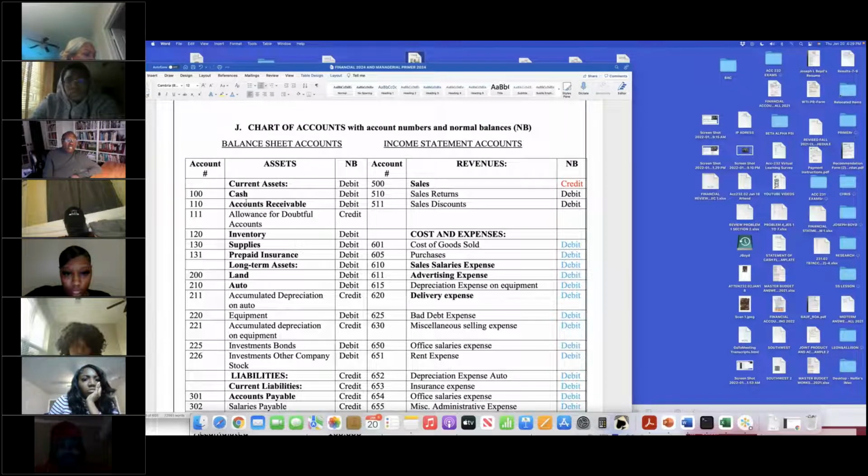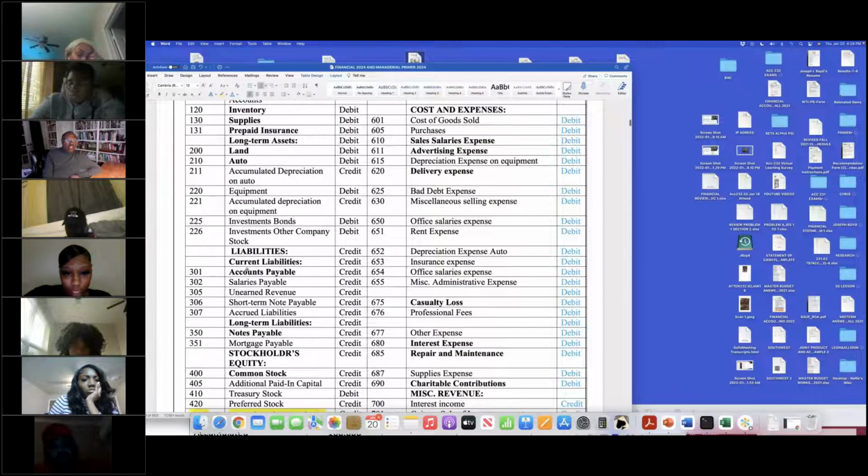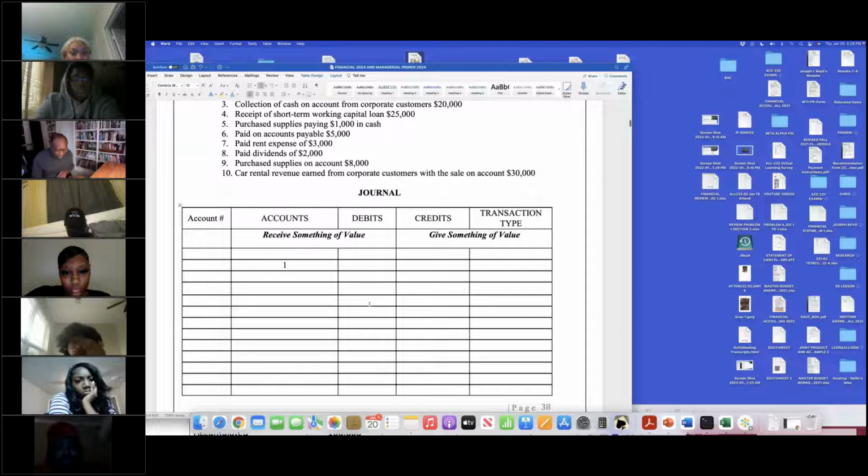And so now as we make this journal entry, we're going to say our type is a type 1. In a type 1, we debit cash, and we credit common stock.